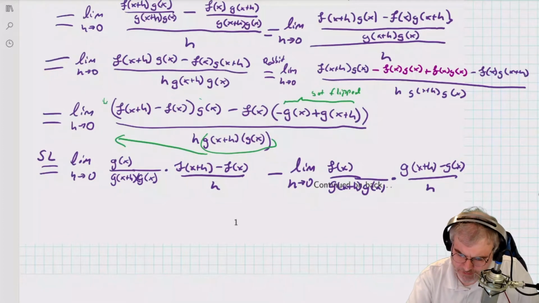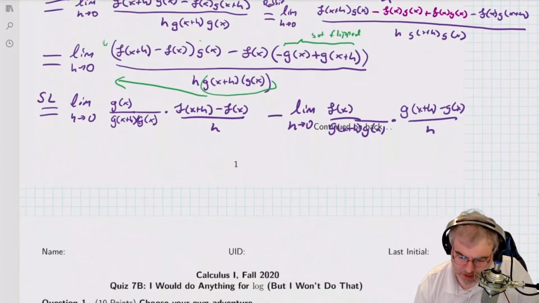Okay. All right. That there, this term right here, I could pull everything out with the product law.